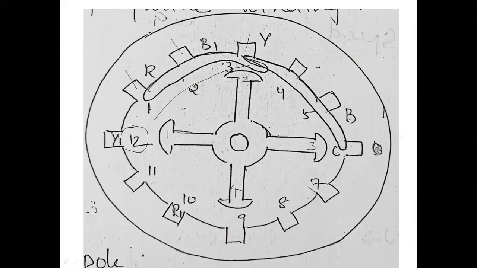Pole pitch is equal to 3. So for getting the maximum EMF, what is the condition? The coil span should be equal to the pole pitch, right? What is the coil span? If 2 sides of coils are there, this is first side of coil and this is the second side of coil. The space between the 2 coil sides is called coil span.